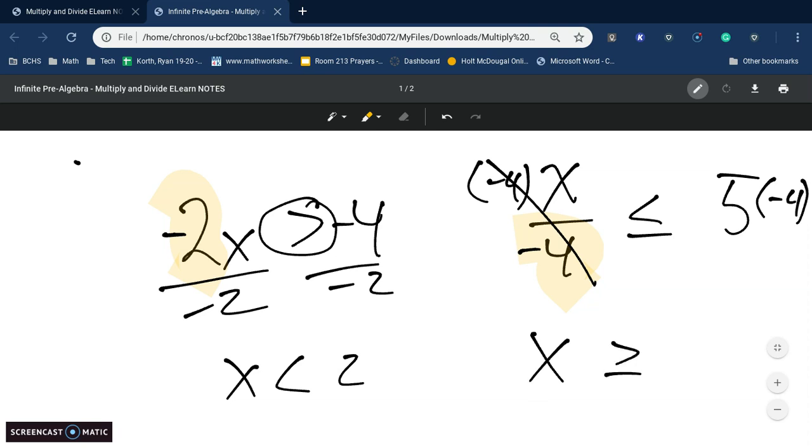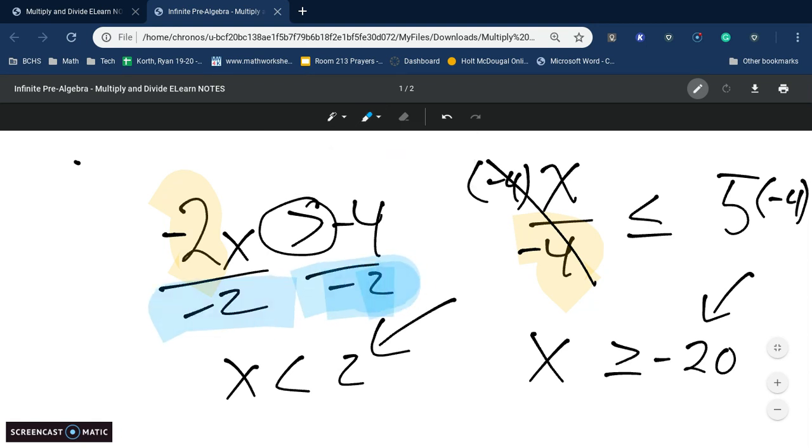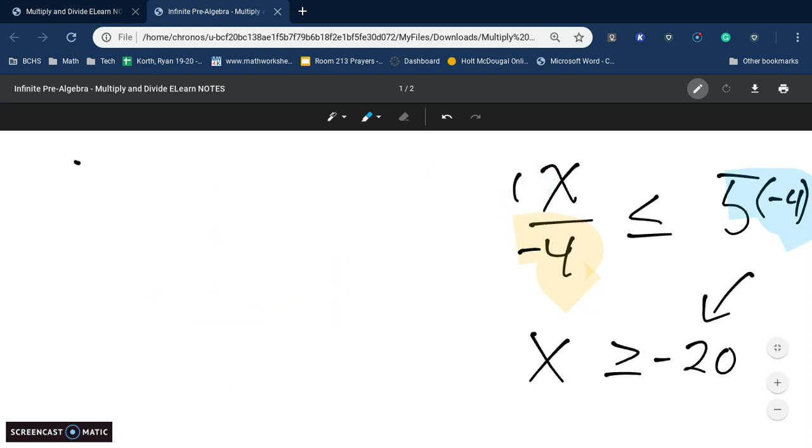X is now greater than or equal to negative 20. Doesn't matter if the answer is positive or negative. It has to do entirely with if we choose to divide by a negative or multiply by a negative. Okay, so that's what we're looking at today.